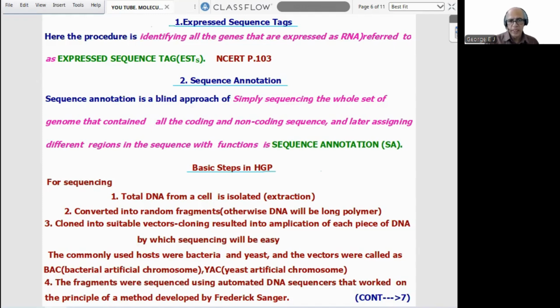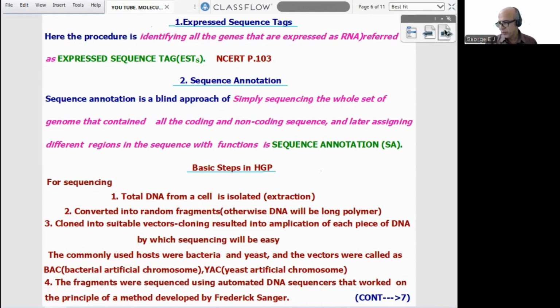So each piece of DNA is amplified, by which sequencing becomes possible. Commonly used hosts were bacteria and yeast, and the vectors were called BAC, bacterial artificial chromosome, and YAC, yeast artificial chromosome. Now these fragments were sequenced with automated DNA sequencers. That part is the difficult part, but machines are available. These DNA sequencers worked on the principle of a method developed by the famous scientist Frederick Sanger. I think up to that it is clear.